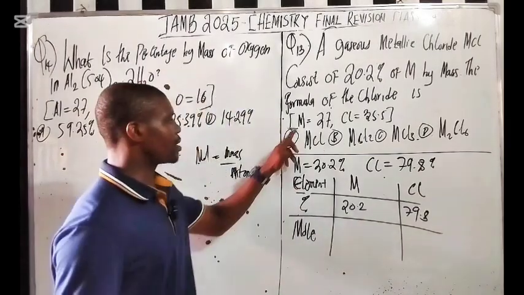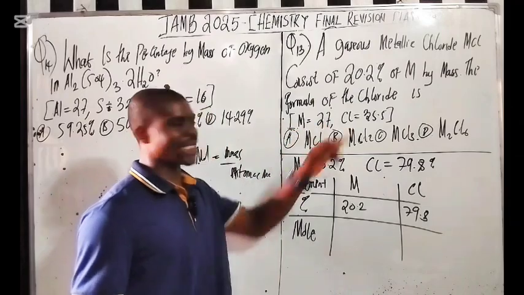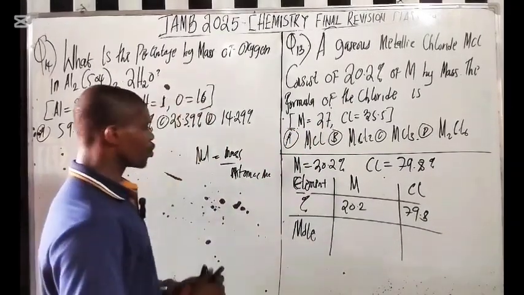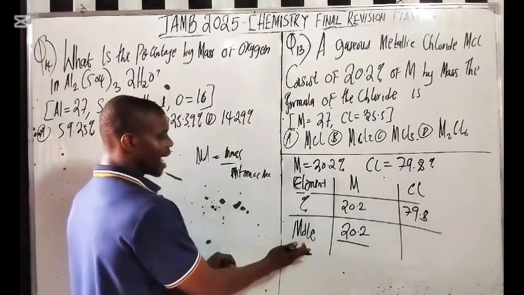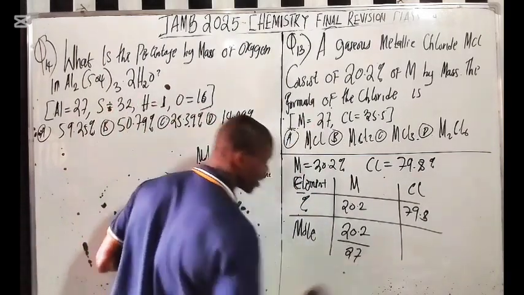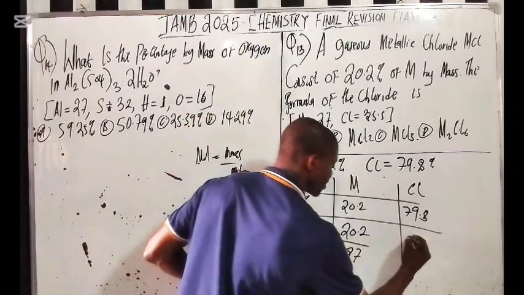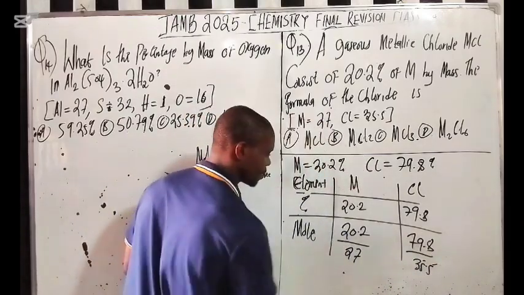They give us the atomic mass of the metal to be 27. The atomic mass of chlorine is 35.5. So you're going to have 20.2 over the atomic mass of M, which is 27. Just that. And here we have 79.8 over 35.5.